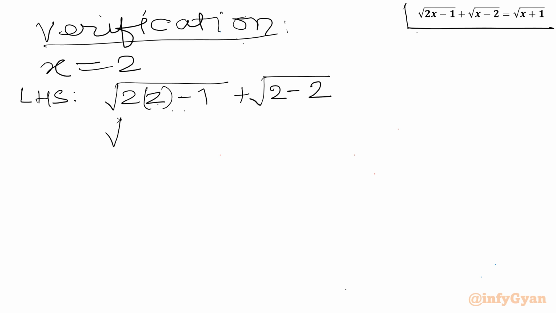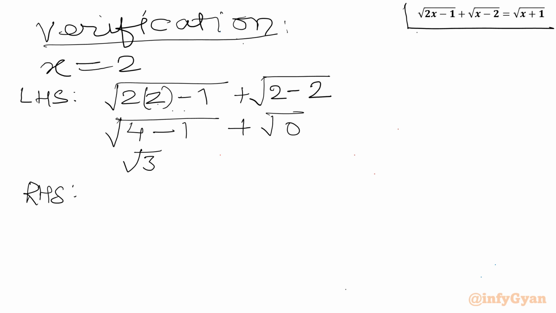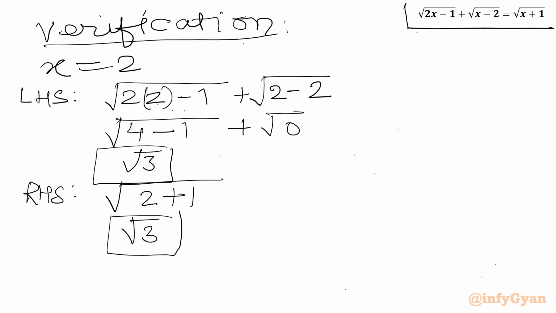So I can write square root 4 minus 1 plus square root 0, which is square root 3. Now RHS. Square root x plus 1. So 2 plus 1, which is square root 3. So LHS equal to RHS. We can conclude x equal to 2 will be our only real solution.